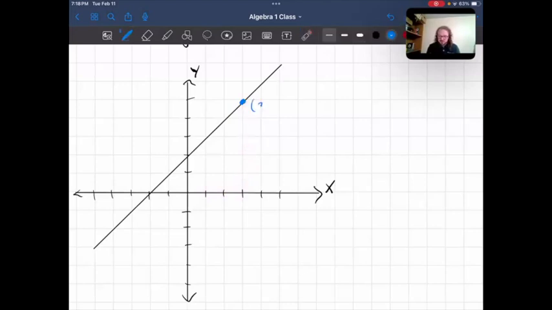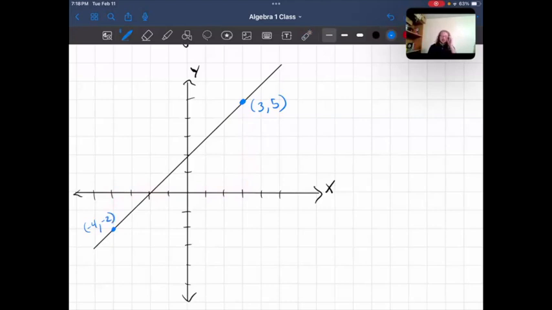So it's 3, 5. And if I wanted to check this one, well, it's 1, 2, 3, 4 to the left, so -4, and then down 2. So this point was -4, -2.